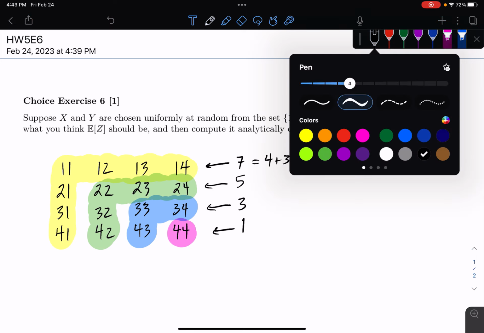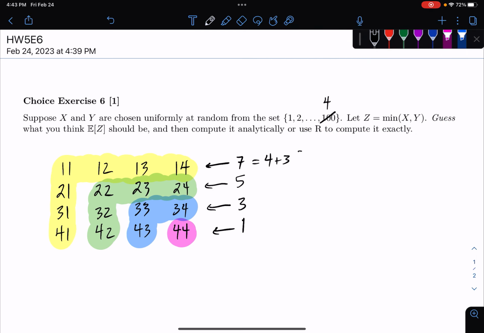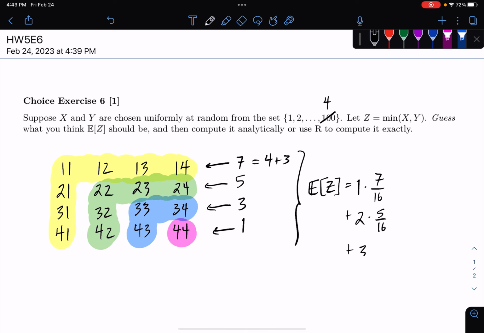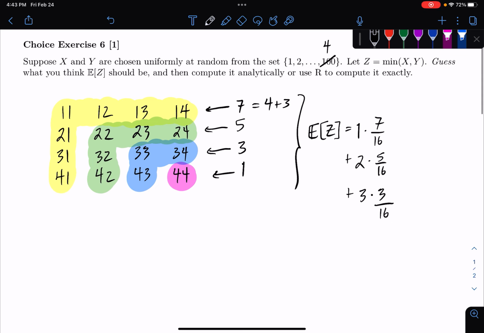Okay, so for this new problem that we're looking at, what's the expected value of z? Well, it's going to be 1, 7 out of the 16 times, plus 2, 5 out of the 16 times, plus 3, 3 out of the 16 times, and then lastly, plus 4, 1 out of the 16 times.